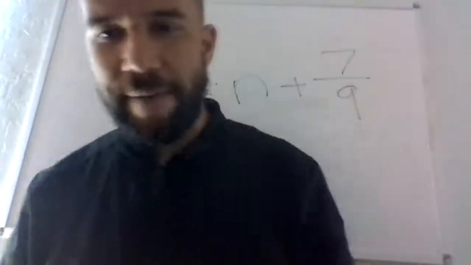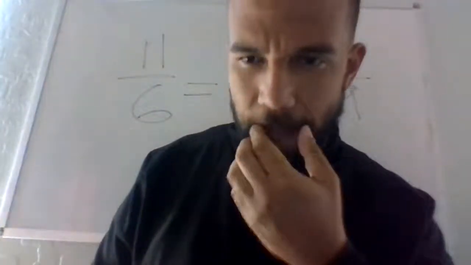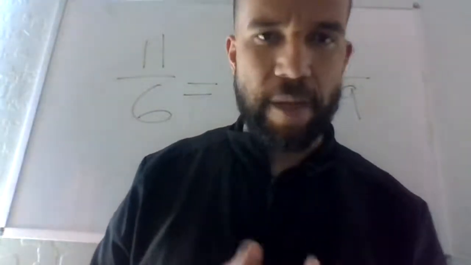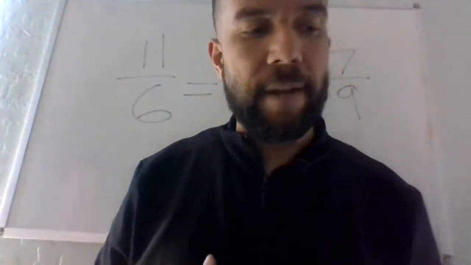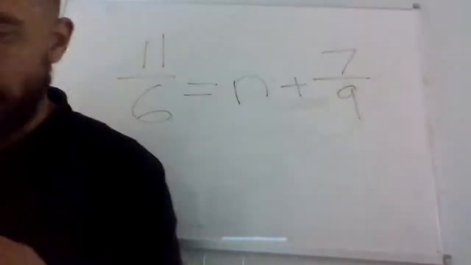Okay, let's walk through this together because I have a few people that have given me responses and some people that are still working. I think we would benefit from starting it together. So let's look at this problem. What's the first thing we should do? Same thing as the last problem.